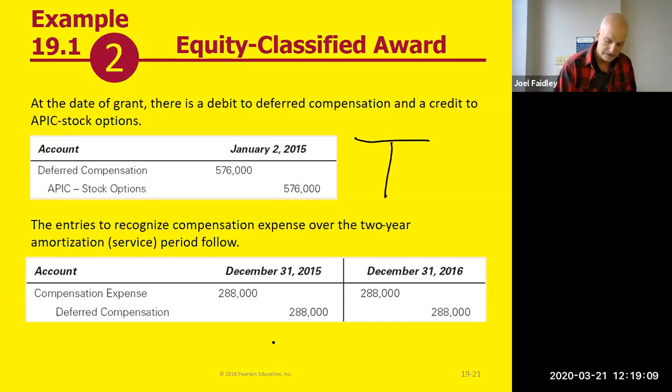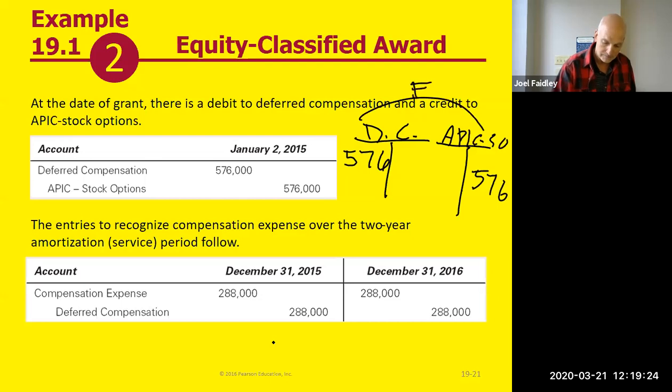You're taking out of one equity account, deferred comp, $576, and putting into APIC stock options. Very important, you've got to know where the accounts are. These are both equity accounts.